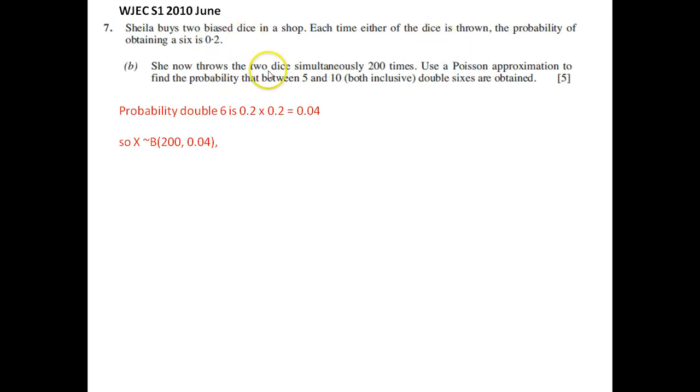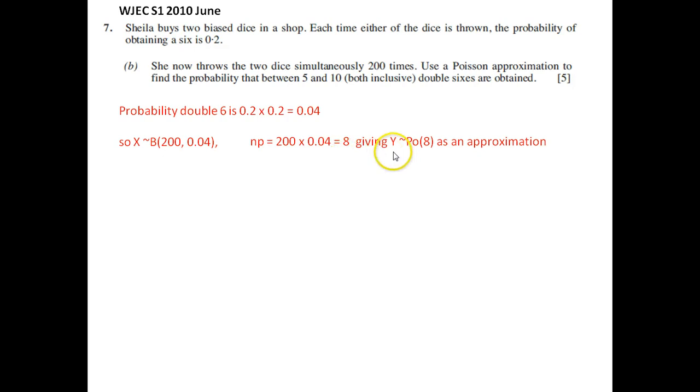So she's going to throw the dice simultaneously 200 times. So we've got a binomial distribution of n is 200 and 0.04 for both dice. Then it's large, so we're going to go to Poisson approximation. Our mean is np, which is 200 times 0.04, being 8.